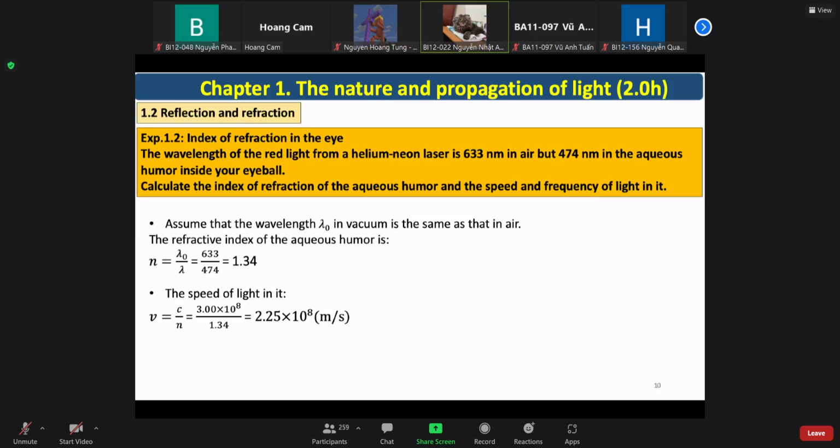It's lambda multiplied by v. No, no, I was wrong. I haven't done this. You mean for the frequency of light you haven't done it yet, right? Yes, sorry.